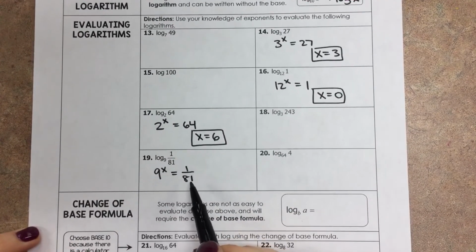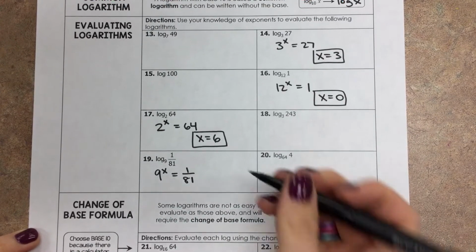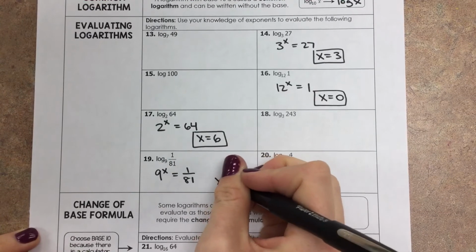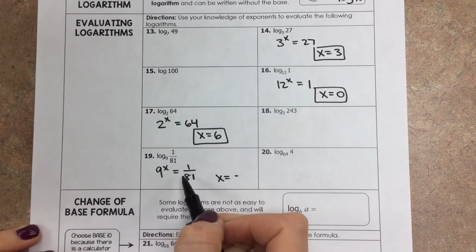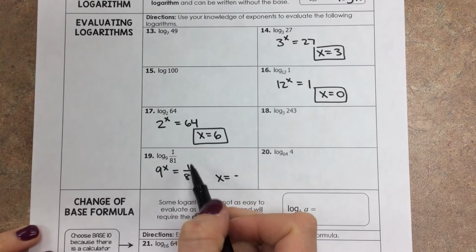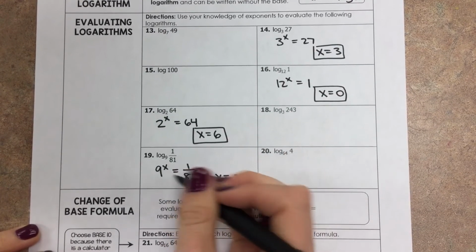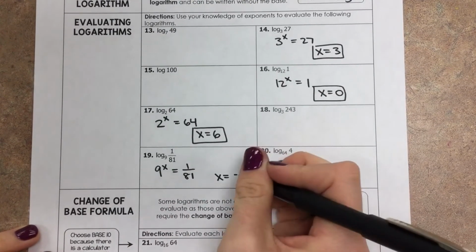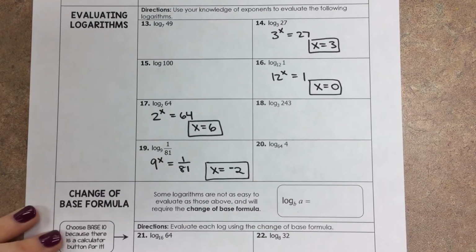If we see a fraction like this, we should know that the exponent is going to be negative. So we know that for sure. And then for the number itself, 9 squared gives us just 81. So the 1 over 81 would be still the second power for the whole squared thing, but then the negative is what flips it. So negative 2 is my exponent that I'm searching for.